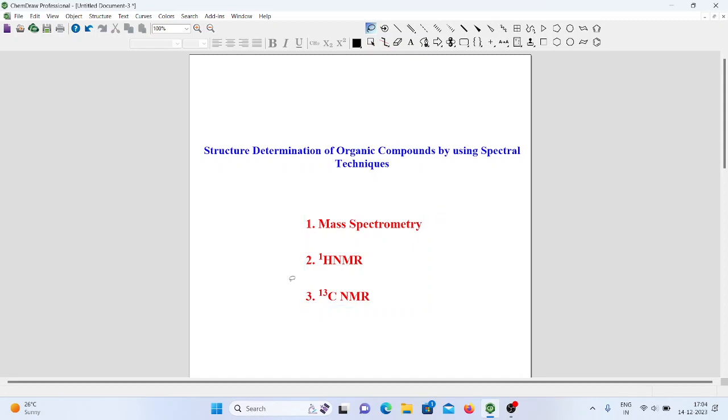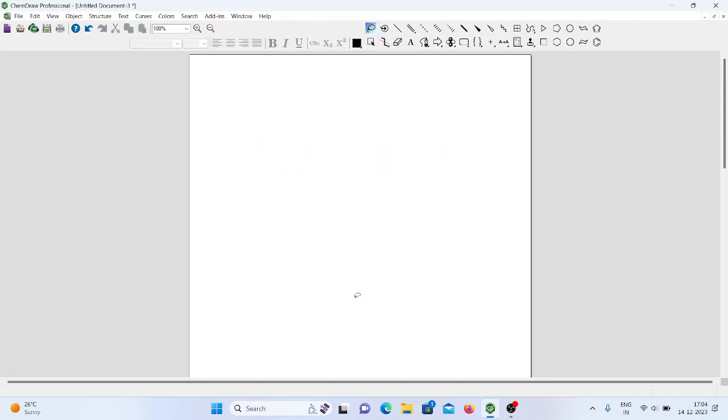If you know the data of these three spectral techniques, 99% chances are there you can identify the structure of your compound. So let's discuss how can we collect the data of mass spectrometry, proton NMR and C13 NMR by using the ChemDraw software. So let's take one example.